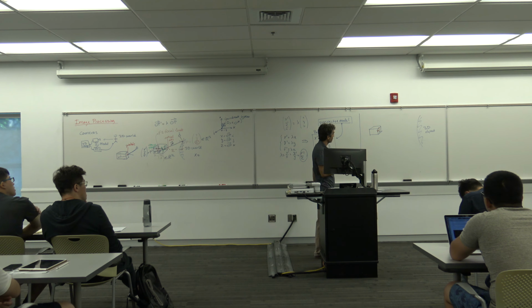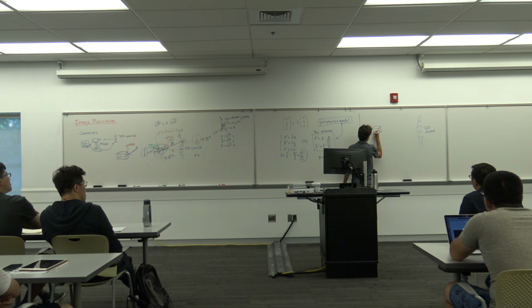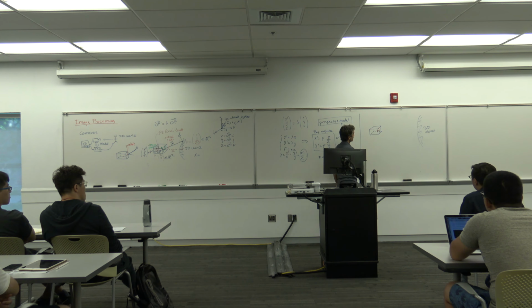So we have our focal length. And the focal length, F, is the distance from the origin to the image plane. So that distance here, from this to here, this is the focal length F.